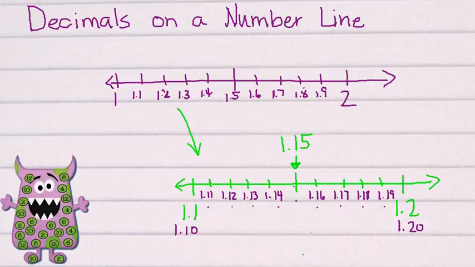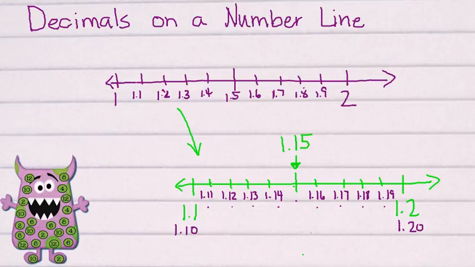So notice the numbers again: 10, 11, 12, 13, 14, 15, 16, 17, 18, 19, and 20. So it's pretty easy. If we were even to blow this up more, you would just simply do the same thing by adding another number on to those other two numbers.